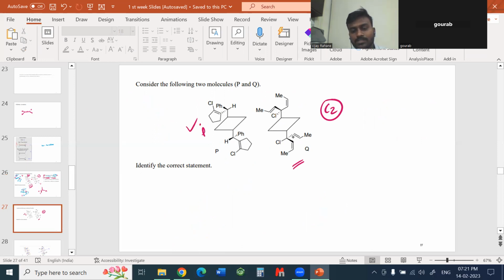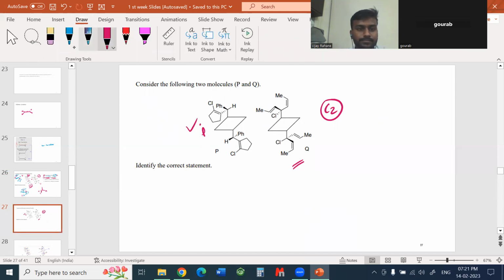So how will the C2 be in this molecule? See, we need to pass a C2 axis in this direction.